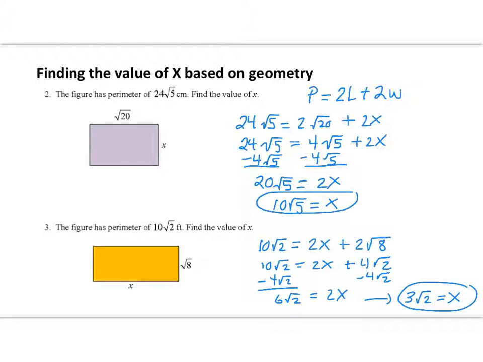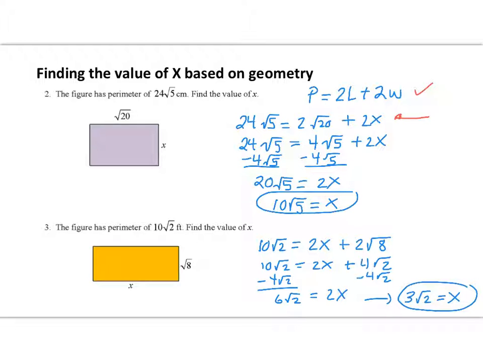So in this particular problem, I have done the problem for you. I started out with the problem, the perimeter is equal to 2 times the length plus 2w. I went ahead and substituted in for L and W. So square root of 22 times the square root of 20 plus 2x is equal to, of course, 24 square root of 5.